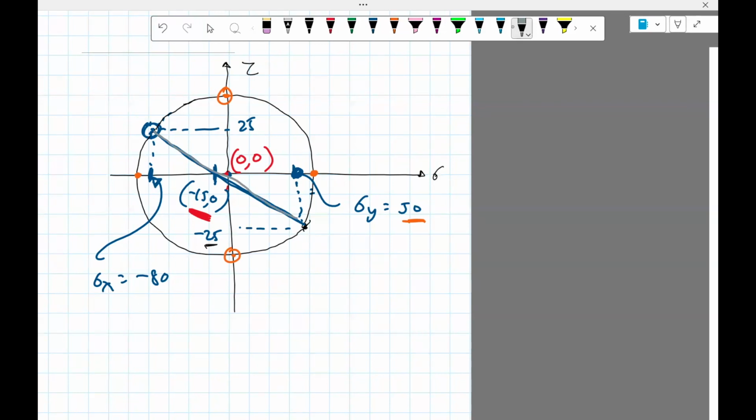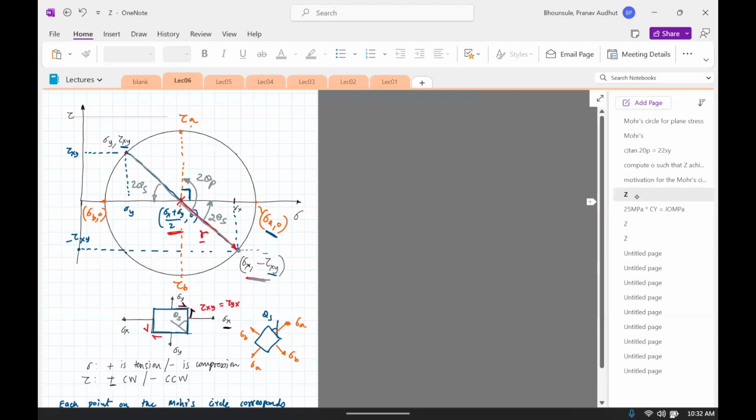I seem to have wished this should be P, and that was the source of the confusion. Theta s is the angle between that plane and the y-axis.